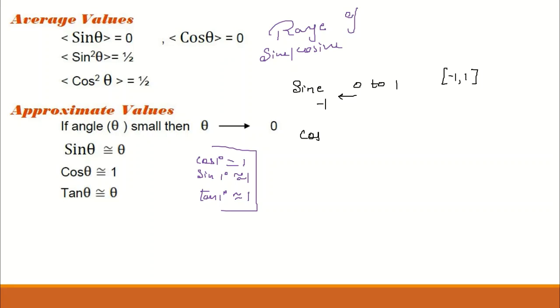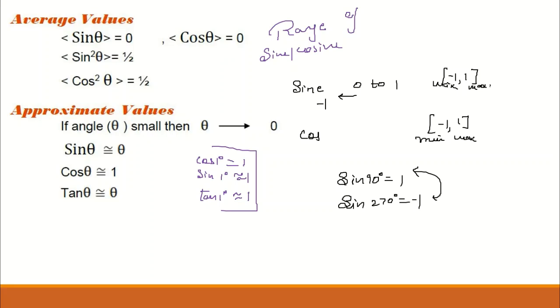Similarly, the cos has minimum value minus 1, maximum value 1. So this is the minimum value and the maximum value of sine and cos. Right? We know that sin 90 degree is equal to 1. Sin 270 degree is equal to minus 1. And the values oscillate or lie in between these two only.